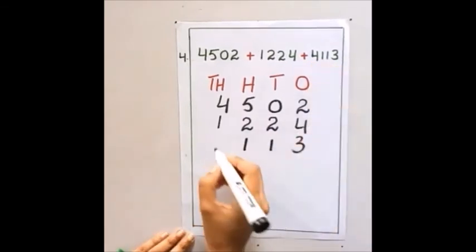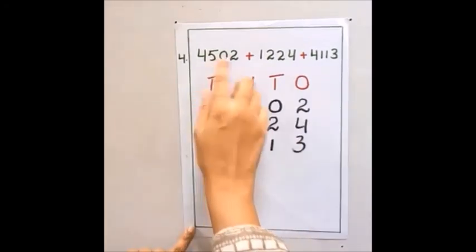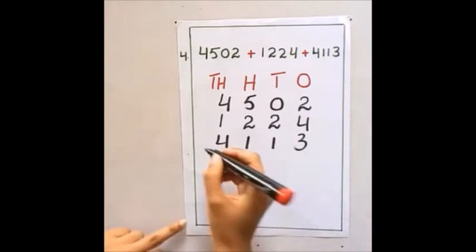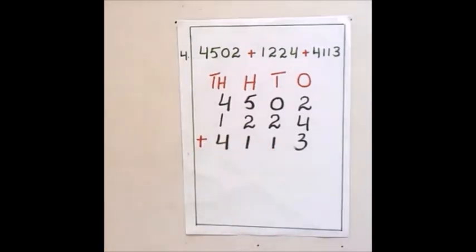And 4 I will write under the thousand place. So first we have to write these 3 numbers into their respective places. Then we will put the sign of addition or the symbol of addition in front of this number, and then we will start to solve our sum.